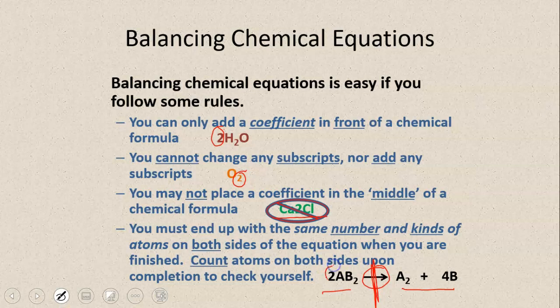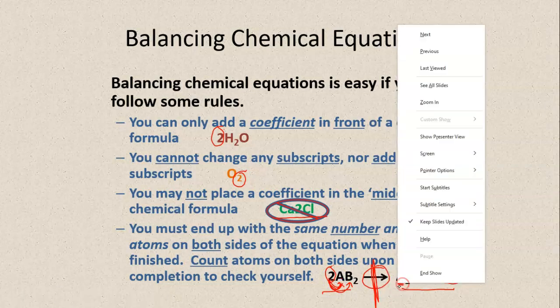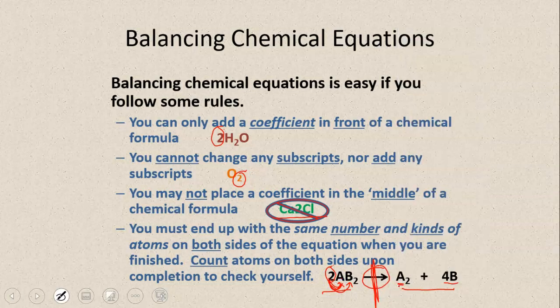So this 2 goes with both the A and the B2. Over here we have A2 and we have 4B. So here I have 2 A's. Here I have 2 A's. Here I have B2, and I have it 2 times, so I have 4 B's, and over here I have 4 B's. So I have 2 A's on each side, 4 B's on each side. This is a balanced equation.